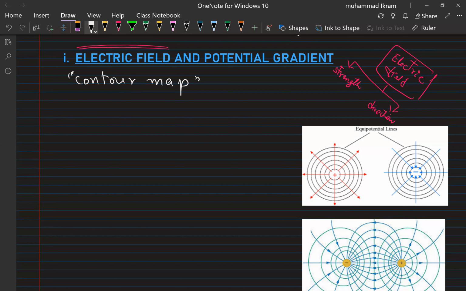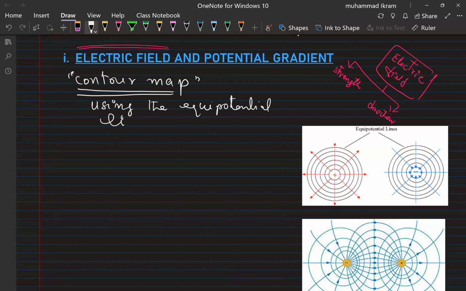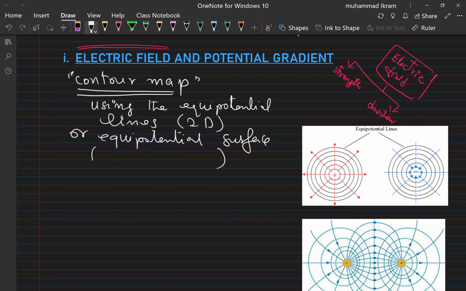This contour map can be drawn by using equipotential lines, particularly for a 2D system, and equipotential surfaces if the situation is 3D, for example a spherical system.